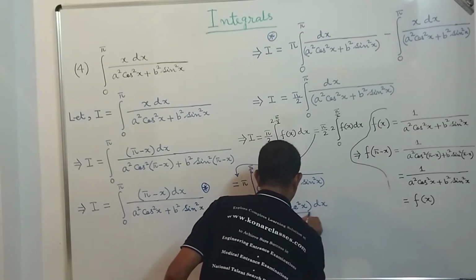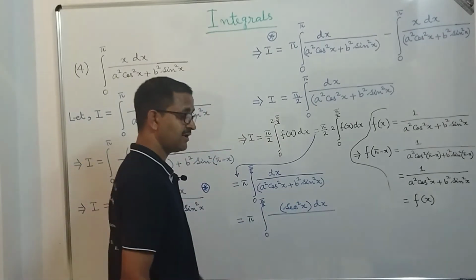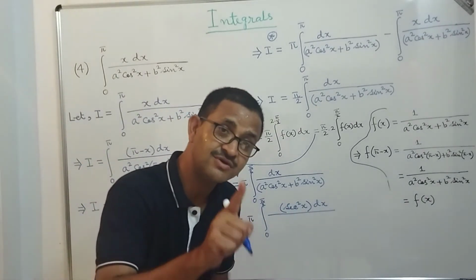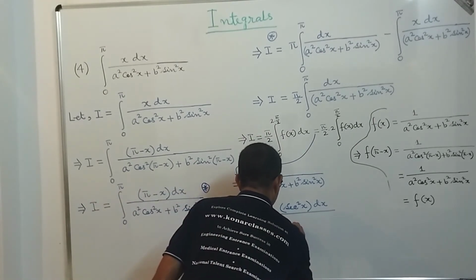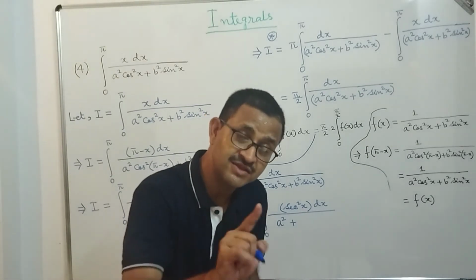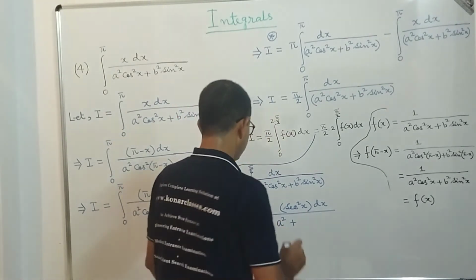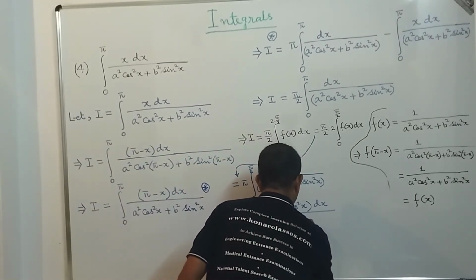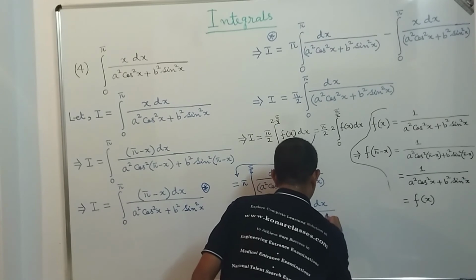In the denominator, we can write a square into cos square x into sec square x. Cos square x into sec square x is 1. So we get a square plus b square into sin square x into sec square x. That means sin square by cos square x, that means tan square x. So plus b square into tan square x. Correct?